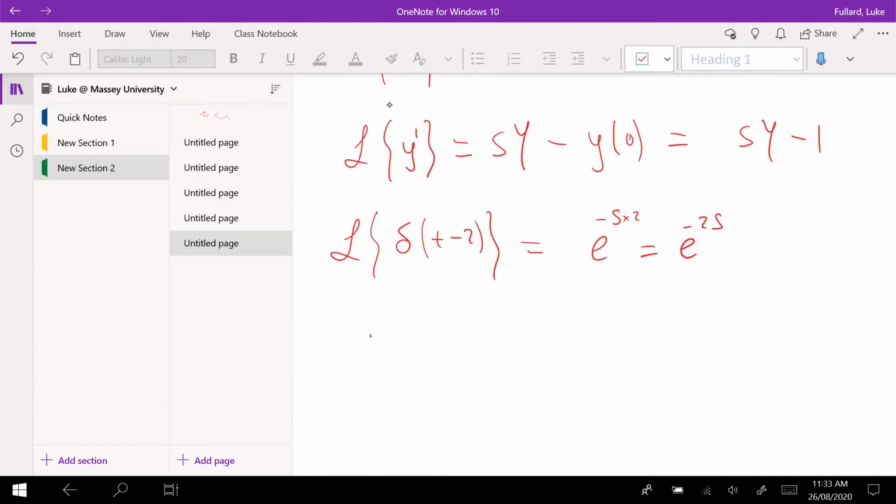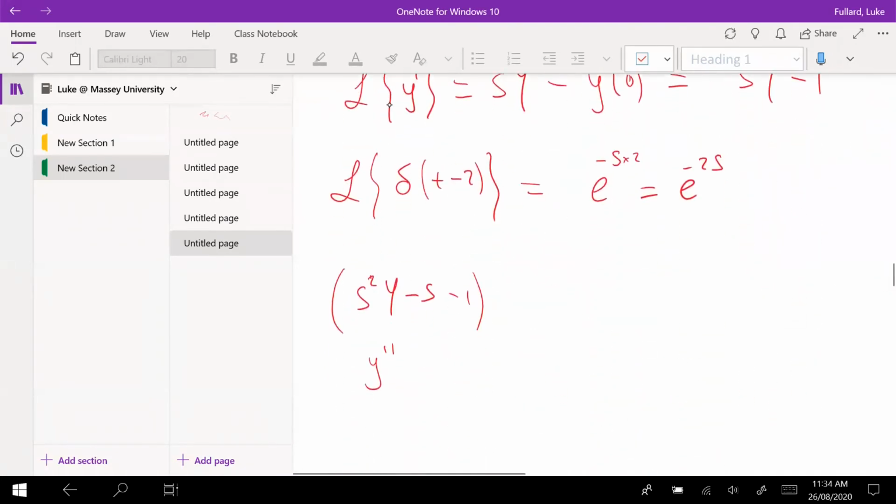Using those four Laplace transforms in our ODE, the y double prime term becomes s squared times y minus s minus 1, minus 3 times y prime.